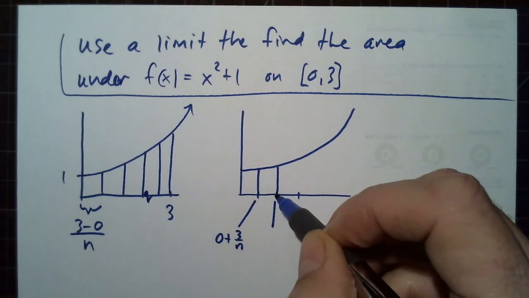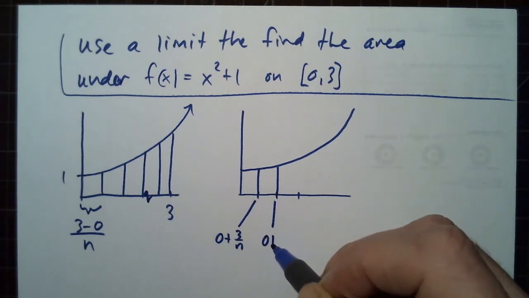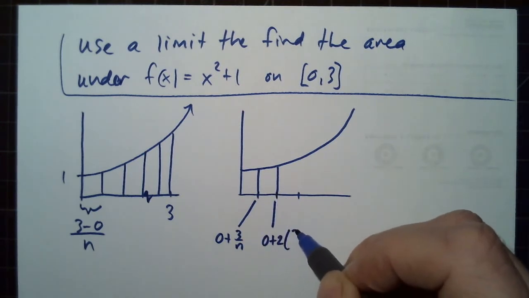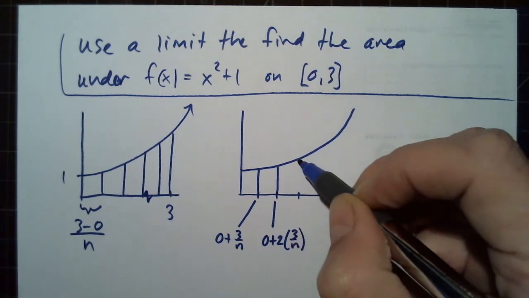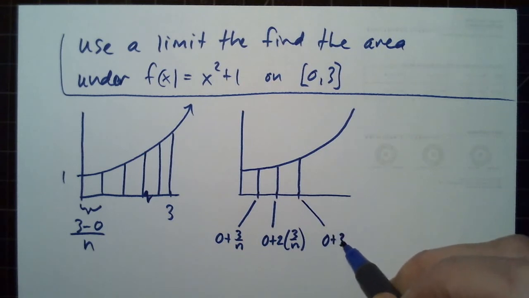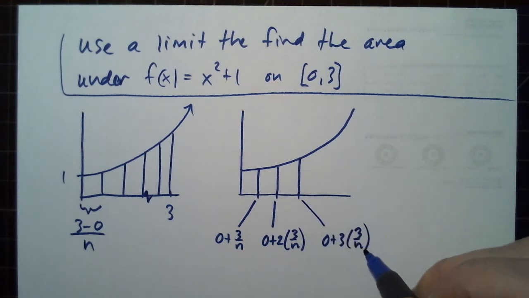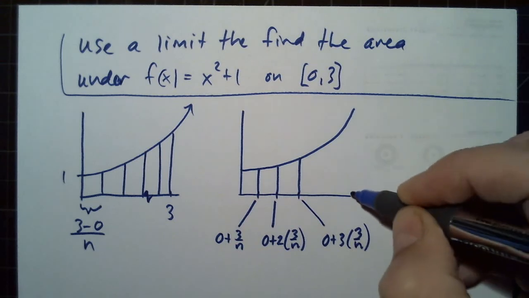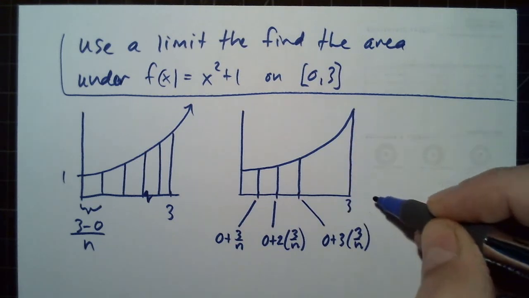And then this x value is 0 plus 2 times 3 over n. And that x value is 0 plus 3 times 3 over n. And it's going to go all the way to 3.